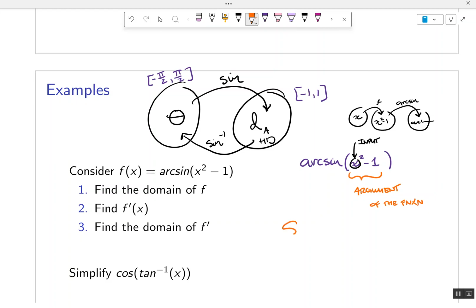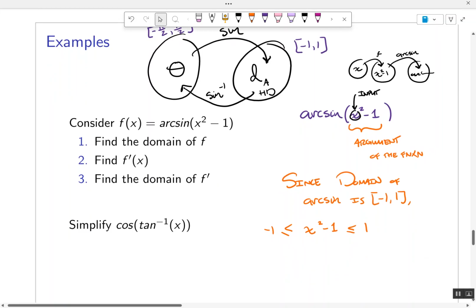So I know that since the domain of arcsine is this, then this guy must be within that same range. Now all we have to do is get x by itself. We're going to add 1 to both sides. And we take the square root of both sides.